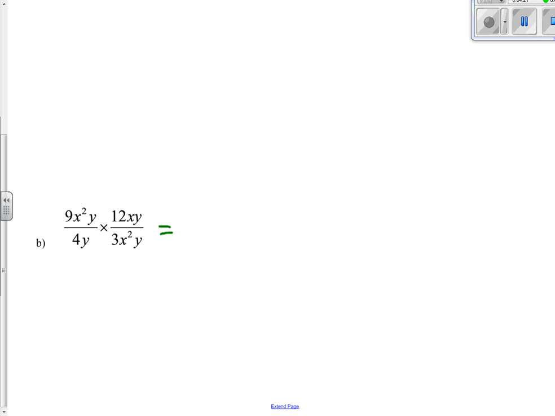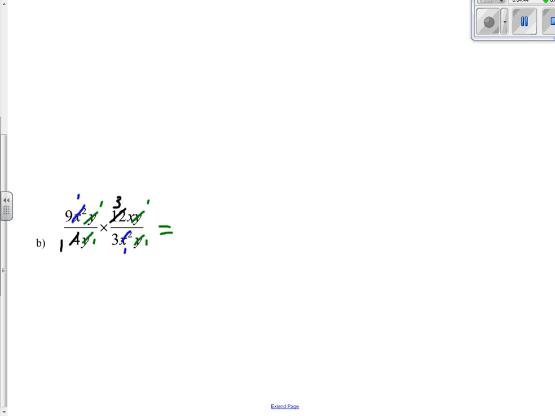So first thing I see is a y here and here, and I see another one here and here. My y's are now all gone. X. I see x squared here and an x squared there, gone. My numbers. I have a 4 here, and I can divide a 4 into the 12.